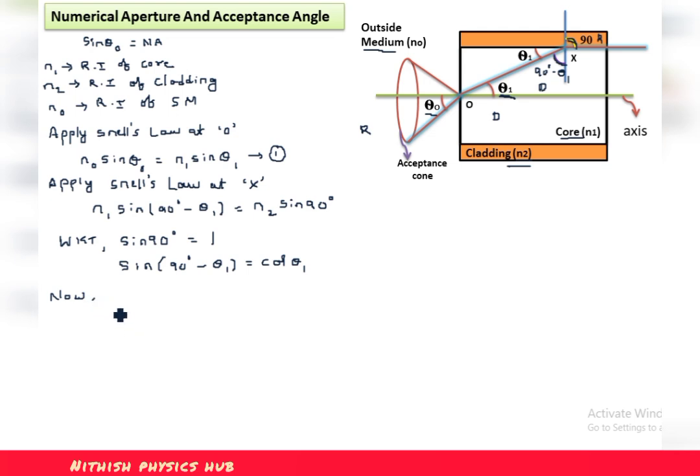Now by rearranging the equation, cos theta 1 is equal to n2 divided by n1. Take it as equation number 2.